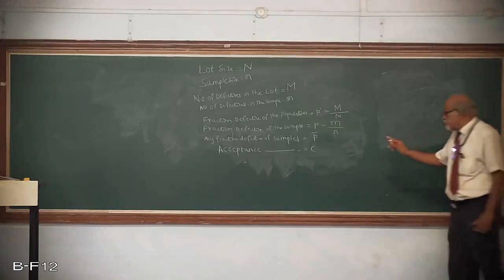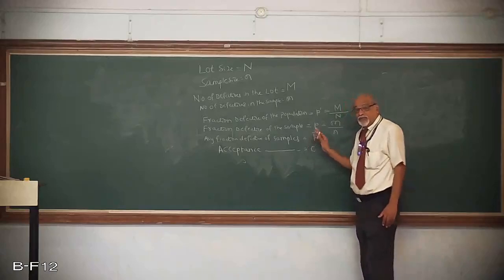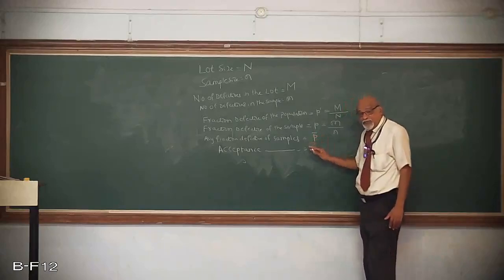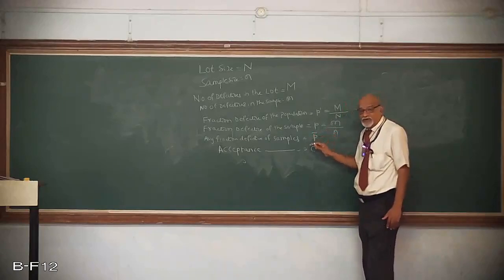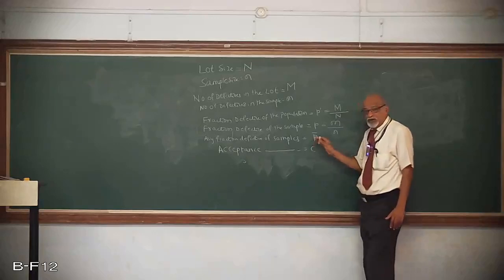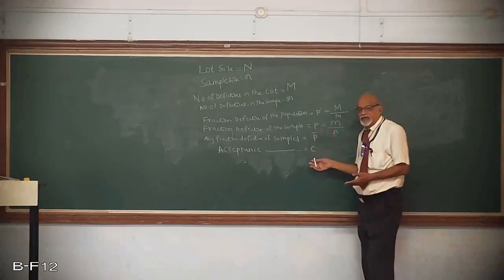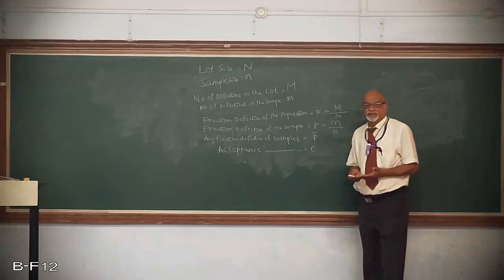C is the acceptance number. This denotes the maximum allowable number of defectives. I said 1. More than 1, the lot gets rejected. Less than 1, because the only way out is that the sample may contain 0 defective or 1 defective. That is the crux of it.